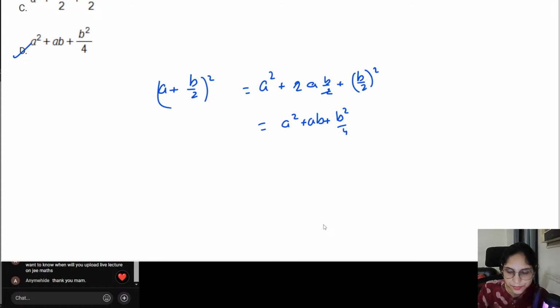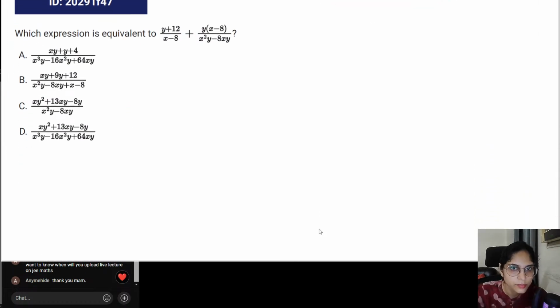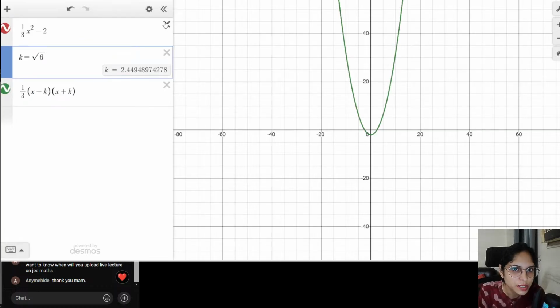Next is 49. Again, you can use Desmos. No, but you can't use Desmos because there will not be any graph made. Let me check.